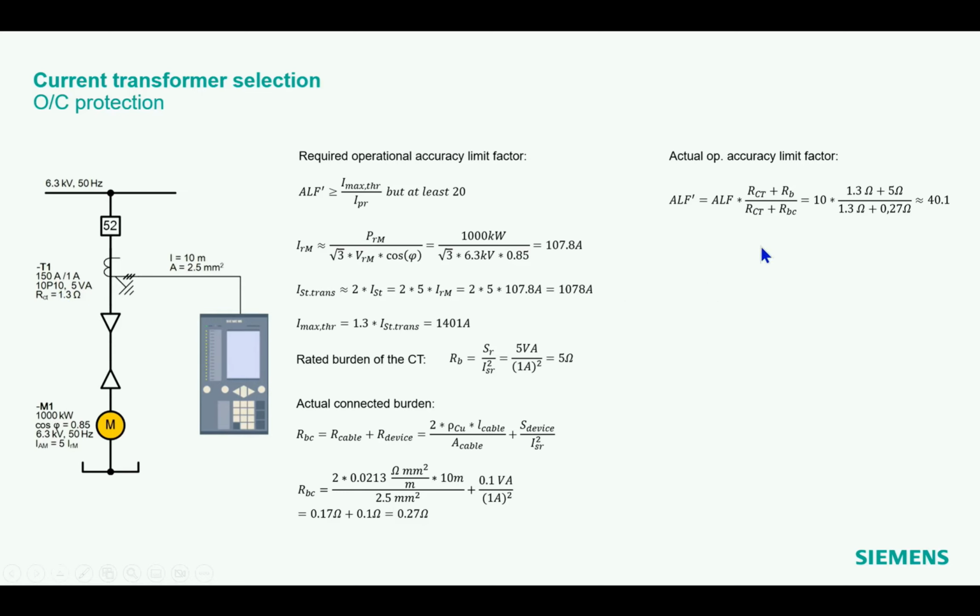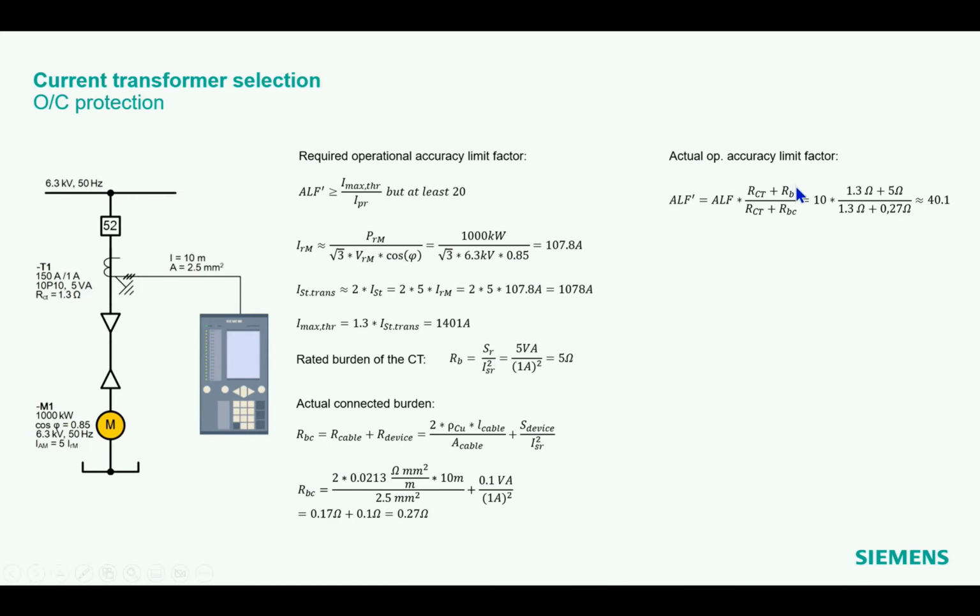relevant. Okay, here we have a formula, a classical formula, which you get when you consider the internal resistance of the current transformer and the connected rated and real burden, and you can make a little bit of calculation there, and then you get this formula. And normally the actual ALF, the ALF dash factor, is bigger than the nominal one, because you normally put a smaller burden on the current transformer than the nominal burden is.